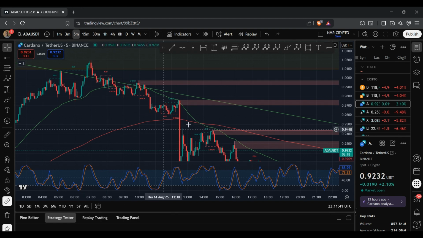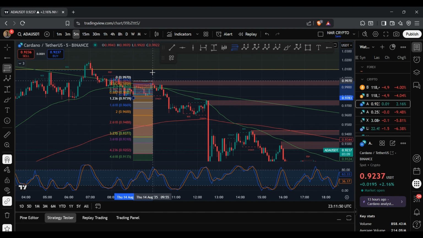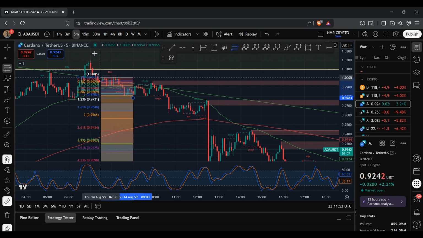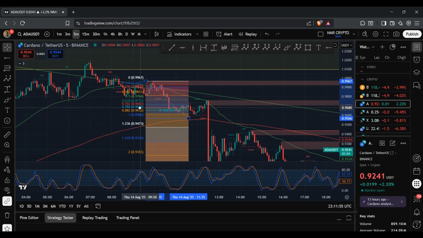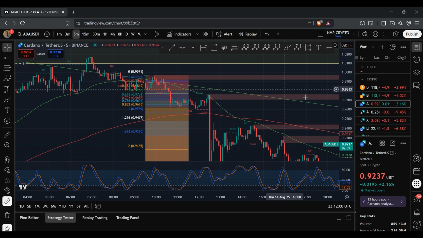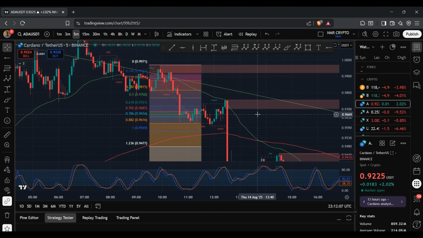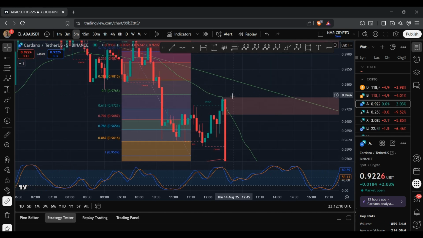And here it looks like we had a WXY structure that formed. So if I bring in the Fib tool, here we ended up reaching 97.83 cents, and here we ended up reaching 99.7 cents. So if I bring this over here, this Y wave would typically reach anywhere between 1 to 1.236, and you can see that we fell short of that region, but we did meet the minimum requirement, which is the 61.8% retrace level at 97.21 cents.